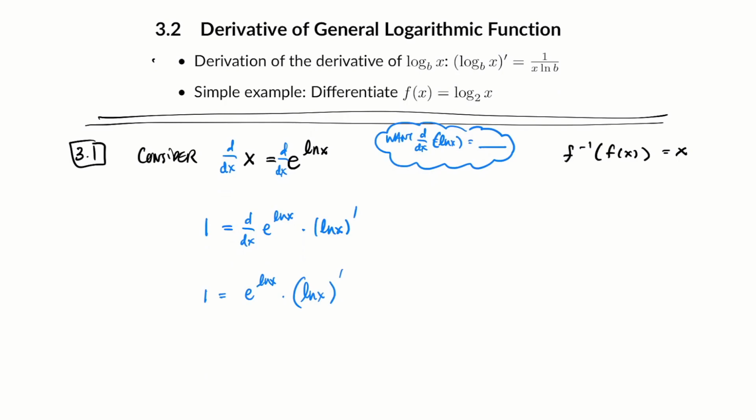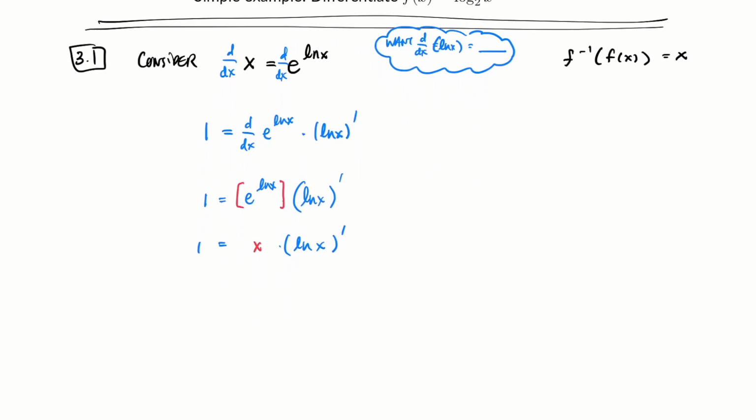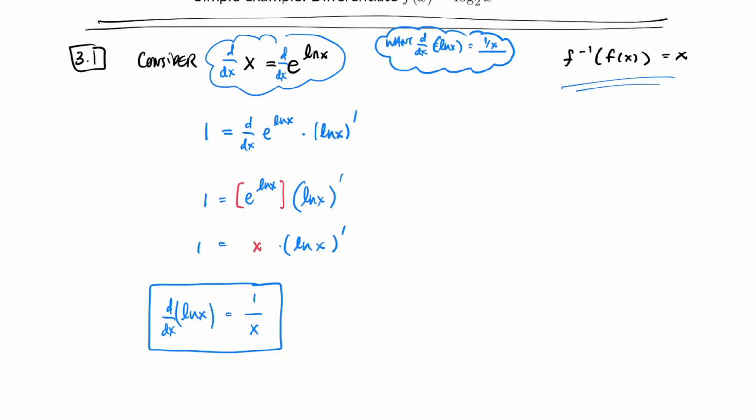So now we can undo our cheeky pretending that this was something a little bit more complicated. e to the ln x is really just x, times ln x prime. And then if we solve for ln x prime, or the derivative of ln x, we just divide both sides by x and we get 1 over x. And so this is actually the rule for the derivative of ln x, the natural log of x. So we got there very simply, just by using this fact about inverses.